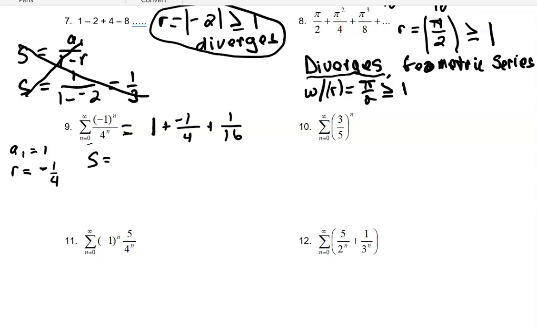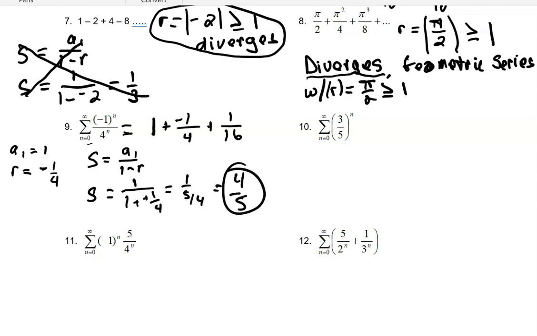So we can go ahead with our whole sum is the first term divided by 1 minus our ratio. The first term was a 1. And then I do 1 minus a negative 1/4, which is 1 over 5/4. So our sum would be 4/5. So we are converging to 4/5. All right, we should probably write it that way. So converges to 4/5.